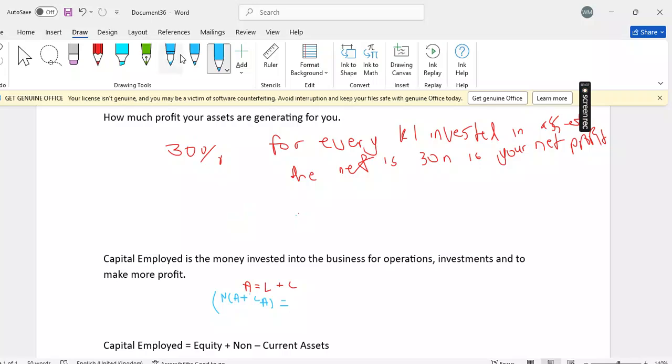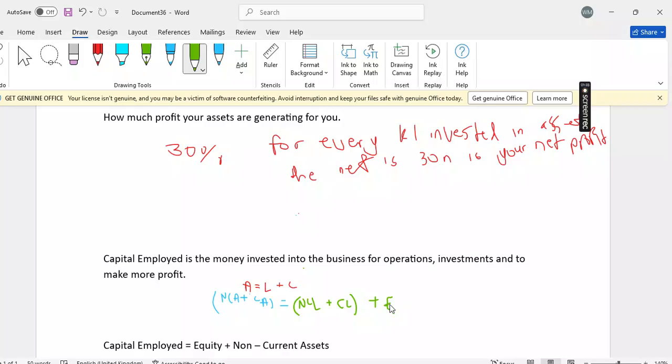Liabilities also, we break them down into current liabilities and non-current liabilities, NCL, plus current liabilities, plus equity.